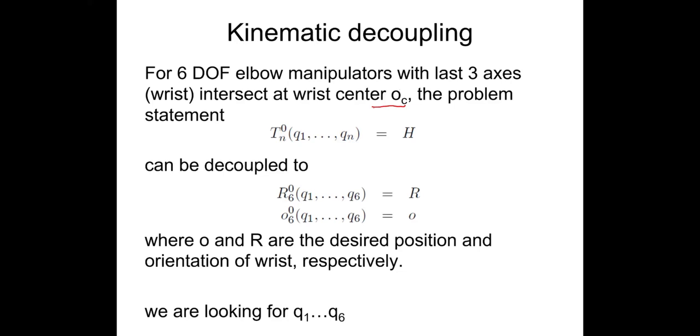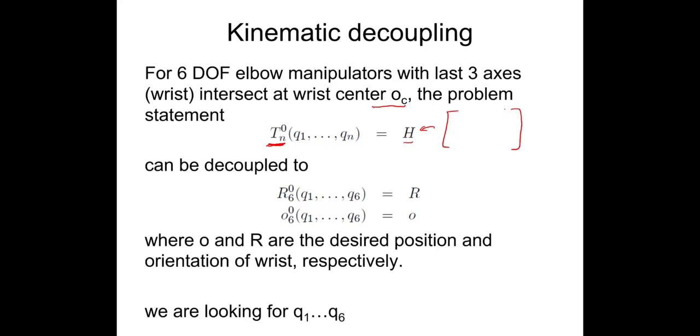So the last 3 intersected at one origin, and now we name this origin OC. Then the problem statement becomes: my Tn0 is a function of all the joint variables. Tn0 equals H, the given desired orientation and position.